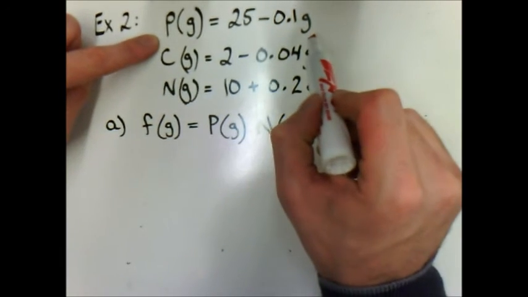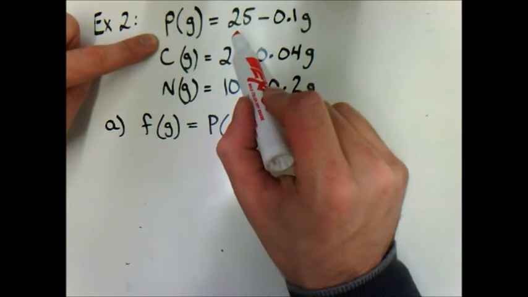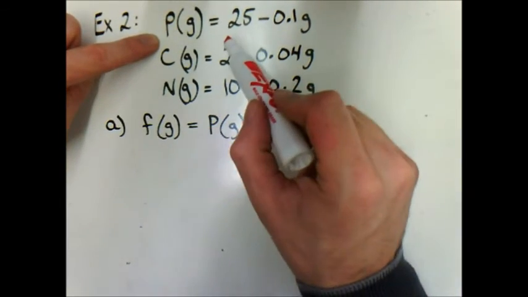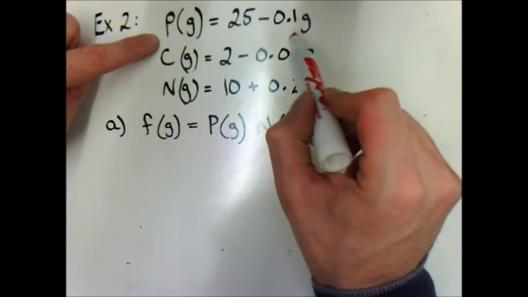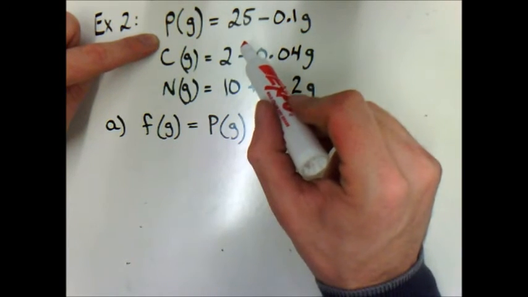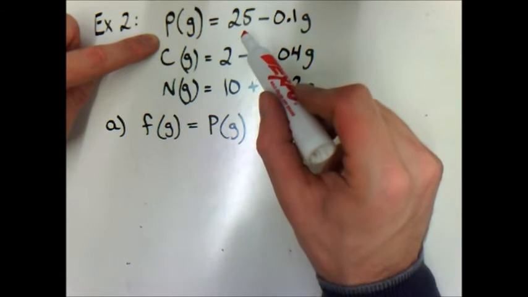So each game, the tickets are going to be reduced by 10 cents. So $25 for game 0, $24.90 for game 1, $24.80 for game 2, etc. throughout the season. So the tickets are getting a little bit cheaper from each game to the next.